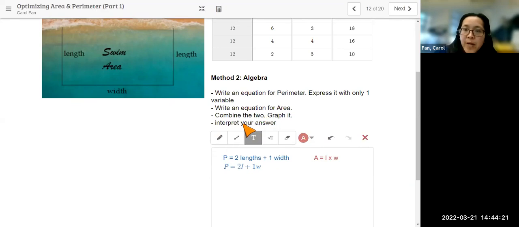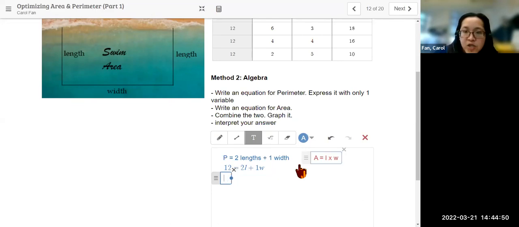So I'm going to combine it by rearranging it so that I only have one variable. Okay, sorry, let me substitute in my fixed perimeter. I know that in this case, the perimeter has to be 12. So I could say negative 2L.